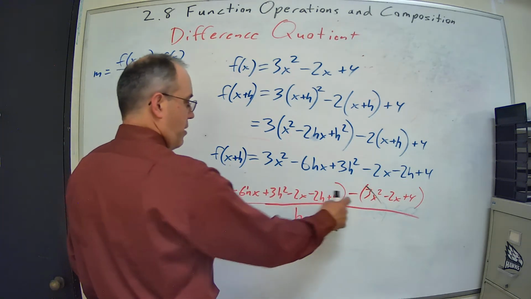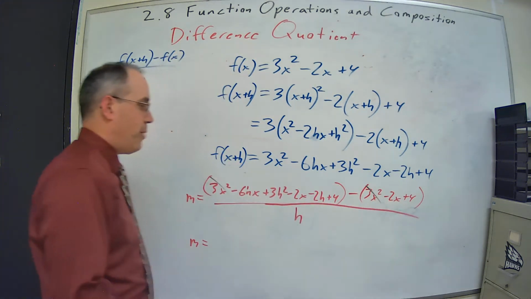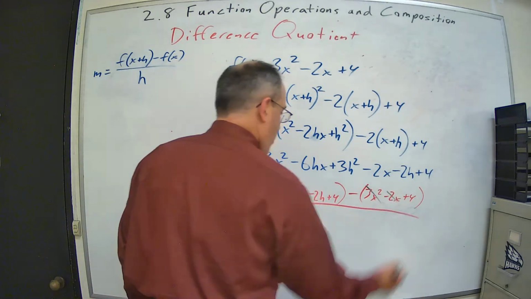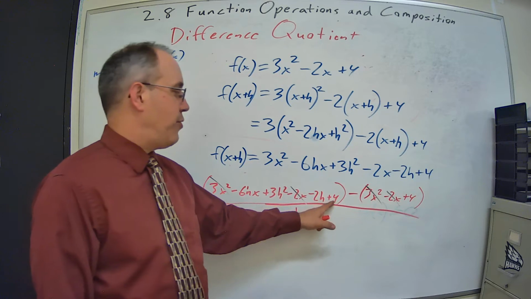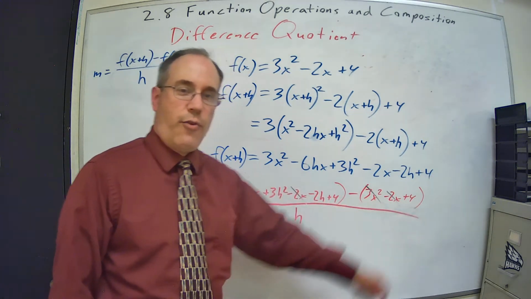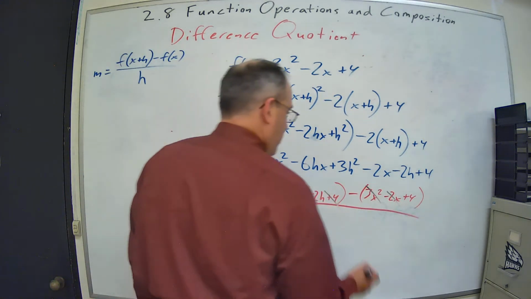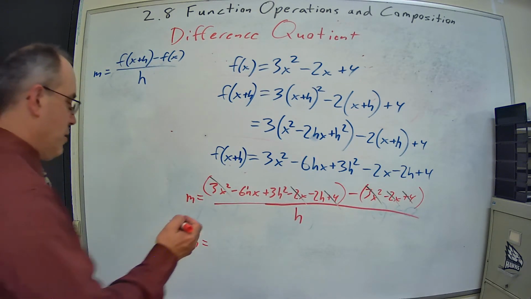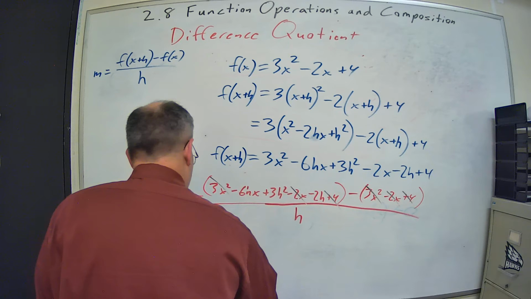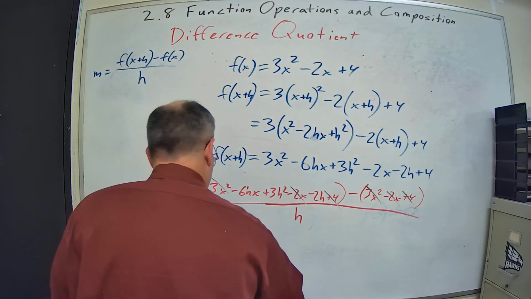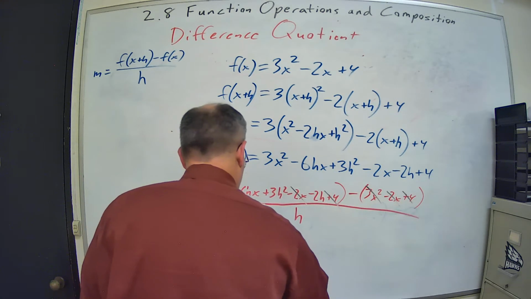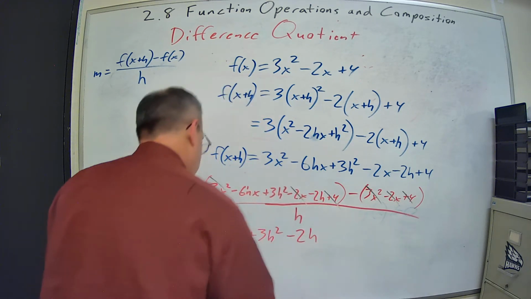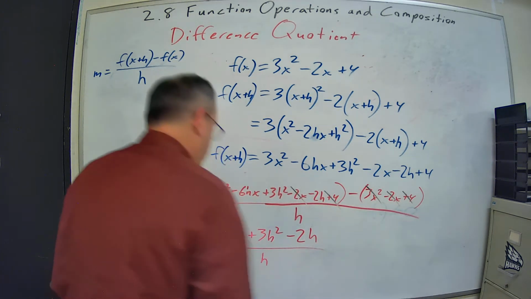Minus 2x minus negative 2x, so minus 2x plus 2x cancels out. Plus 4 minus 4 cancels out. Leaving us with 6hx plus 3h squared minus 2h over h.